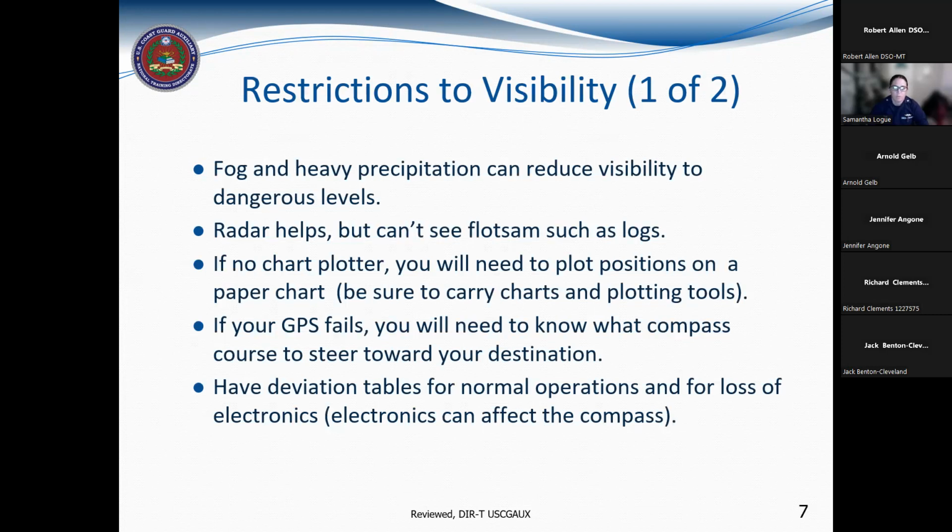When your visibility goes down, before we try to shoot an azimuth and get a bearing on how to get to safe harbor, we need to make sure we're immediately safe: slowing down, stowing gear ahead of time. We want to make sure that we're traveling at a safe rate of speed.